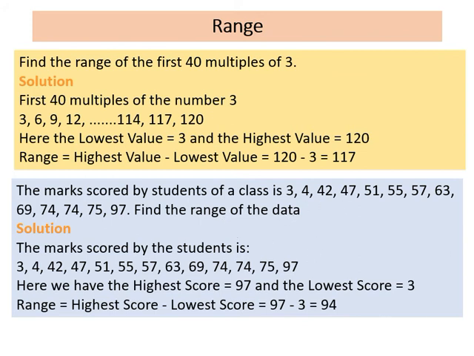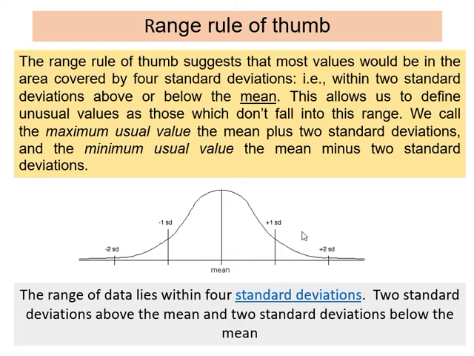For this purpose we apply the rule of thumb. So, this is what the range rule of thumb says: it suggests that most values would be in the area covered by 4 standard deviations, which allows us to define unusual values which do not fall into the range.